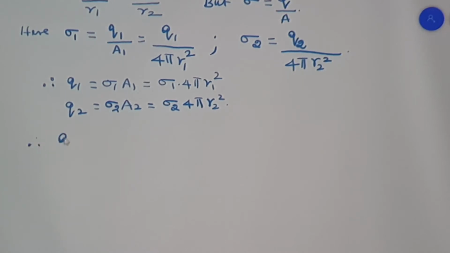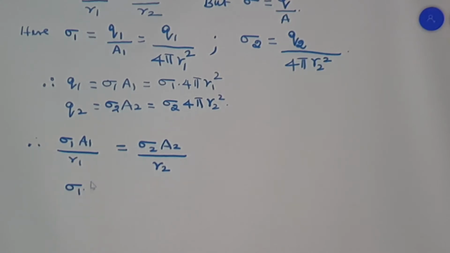So instead of Q1, I can write sigma 1 A1. So I am writing it as sigma 1 A1 divided by R1 is equal to sigma 2 A2 divided by R2. Now I can replace this A1 and A2 with 4 pi R1 square and 4 pi R2 square.